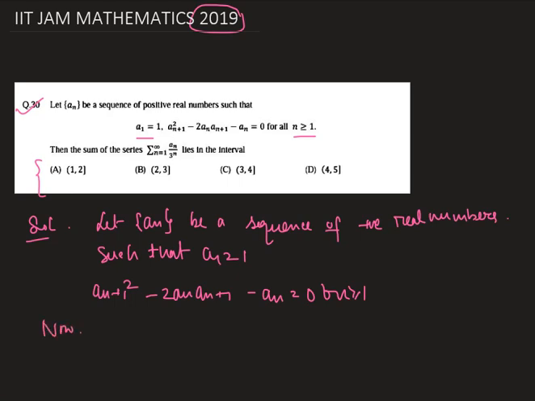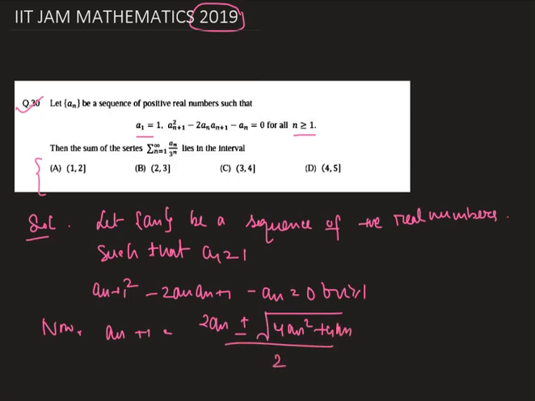Therefore, we can treat this like a quadratic equation in a_{n+1}. The solution of a quadratic equation is 2a_n plus minus root over 4a_n square plus 4a_n, divided by 2.